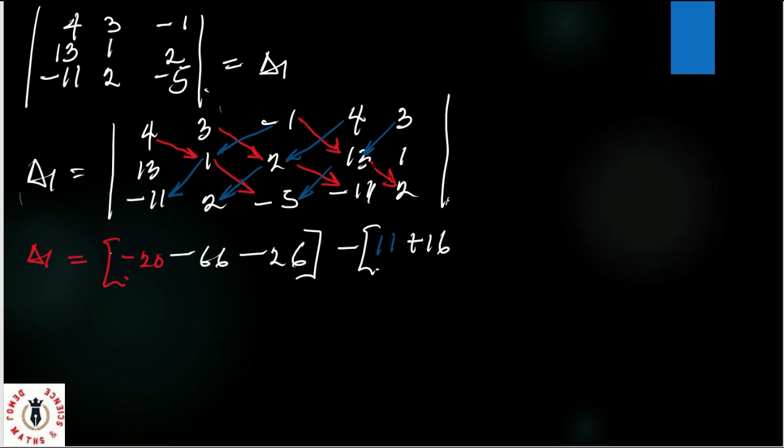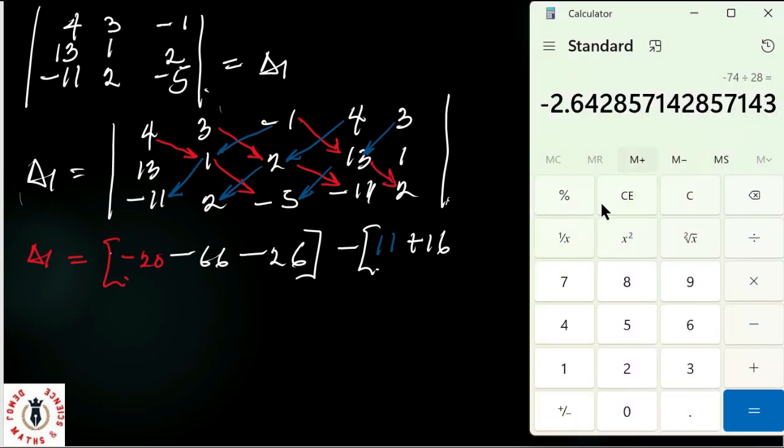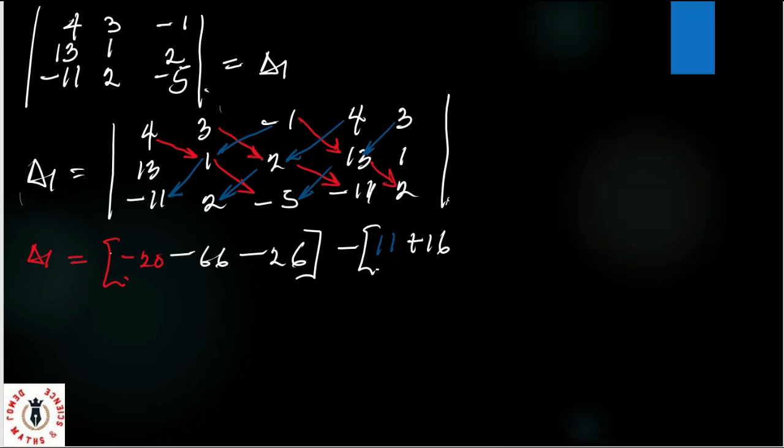And 3 times 13 times 5 is 195, that's 39 times 5, so this is minus 195. Now let's sum everything up using my calculator.